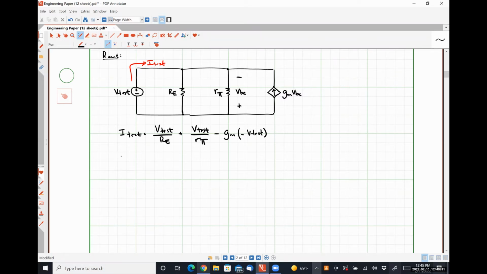And from this, I can see that I_test over V_test is 1 over RE plus 1 over R pi plus GM, which means R out is simply RE in parallel with R pi in parallel with 1 over GM.